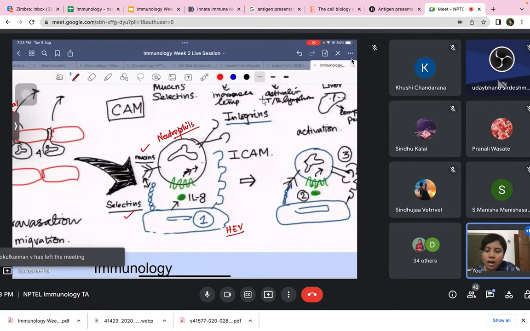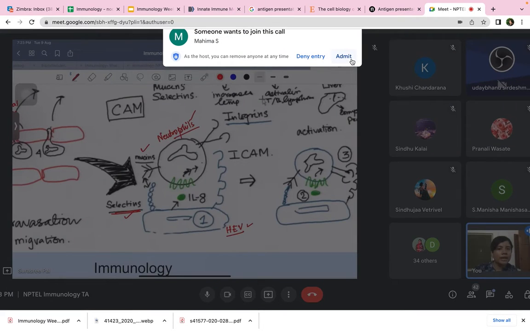Mucins are cell membrane proteins which are present on the surface of the neutrophils, whereas selectins are present on the surface of these high endothelial venule cells. And once the mucins and selectins bind to each other, then what happens? This binding actually allows the neutrophil to roll along the high endothelial venule.